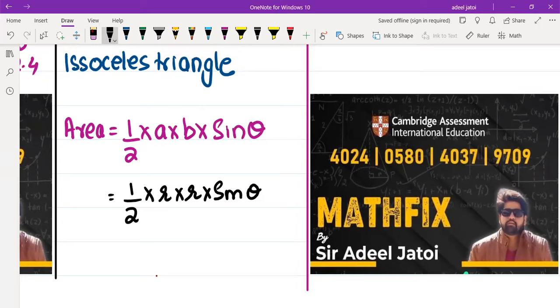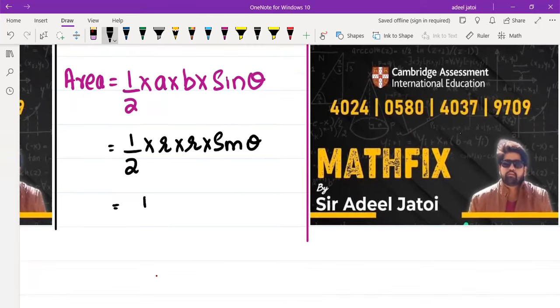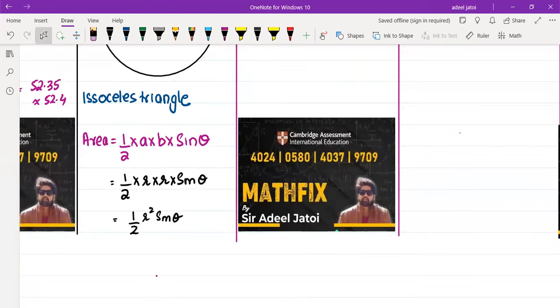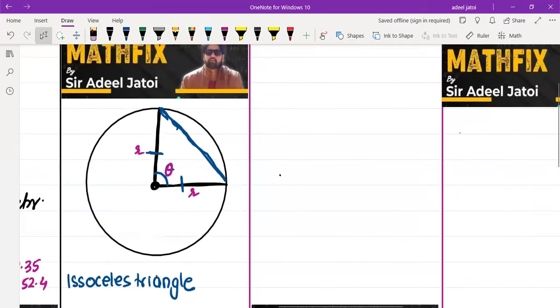The two adjacent sides are basically the radius, right? Because this is your isosceles triangle inside the circle. So the area of the triangle will be half R square sine theta. That can be taken out using the given triangle in the circle.